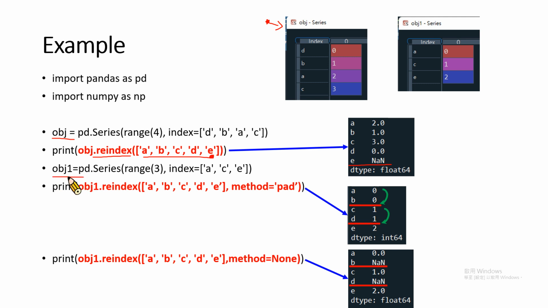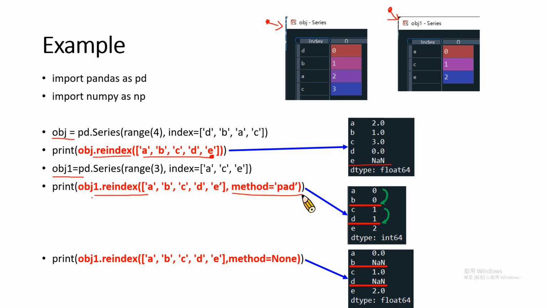The next is the obj1 object, the series. It has three indexes A, C, E, and the values start from 0 to 2. So you see here is the object 1 series. And if we call reindex, we want to have a new index A, B, C, D, E. So it will have two new elements for object 1.